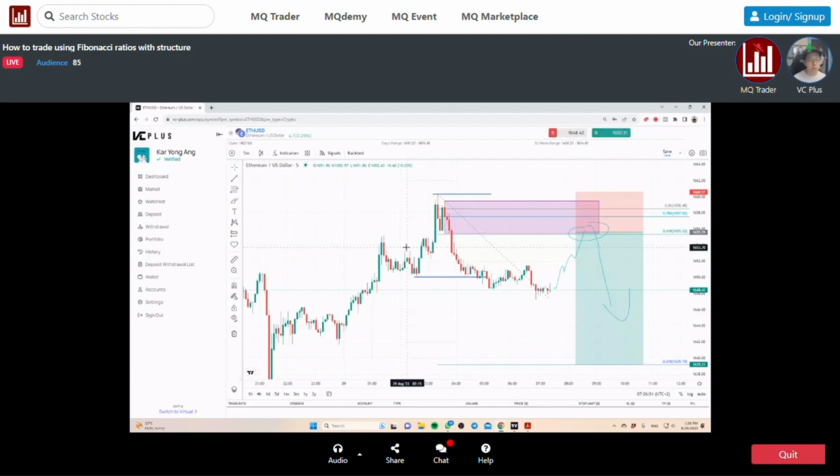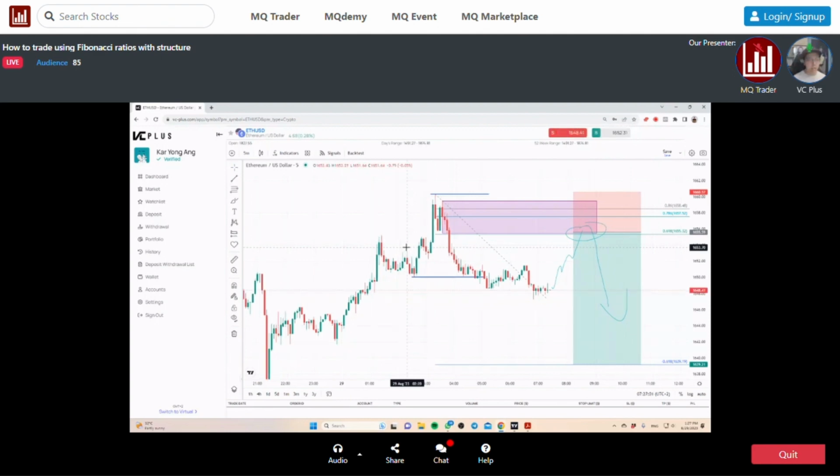Okay, so for me, if today you want to add indicators to complement the entire process, don't add too many things. You want to add indicators that supplement the analysis principle. So for example, when we look at market structure, we have break of structure principle to determine whether we're looking at buy or sell, right?